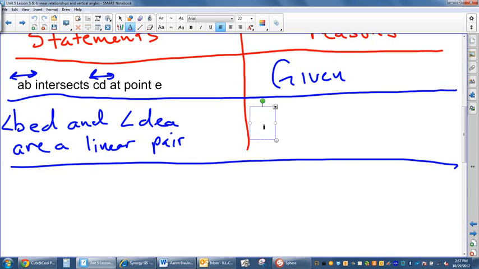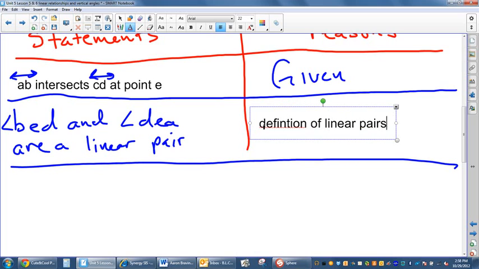How do you know they're linear pairs? It's the definition. Think of the obvious. Try and highlight the obvious. It'll help you very much in this group. The definition of linear pair.